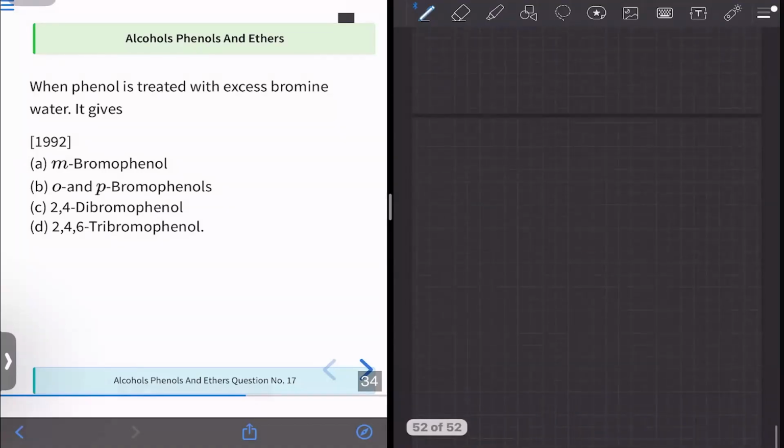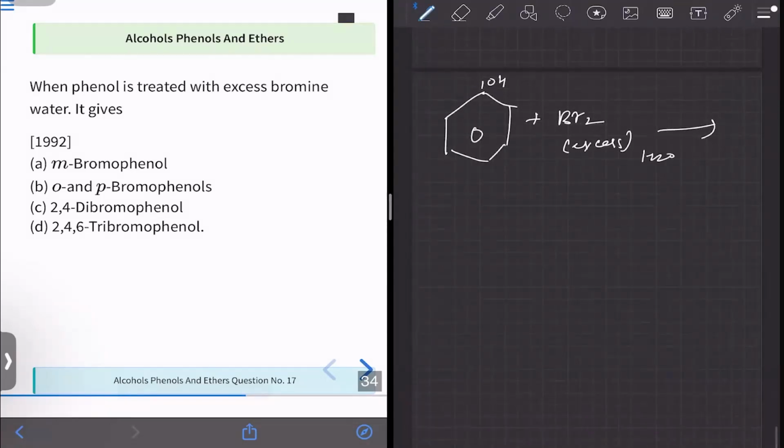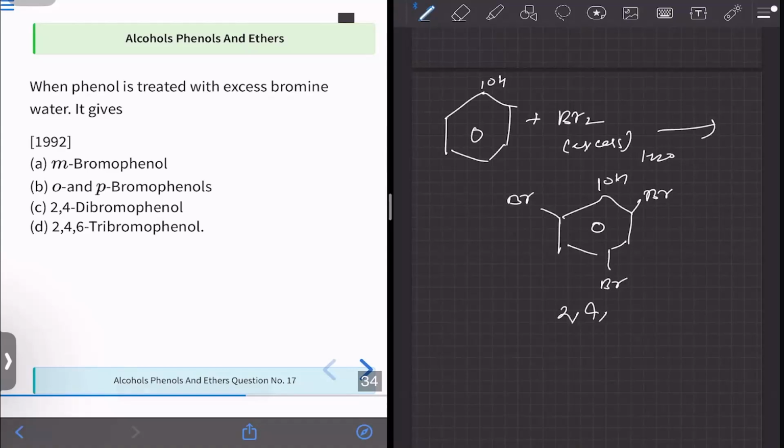What they are asking is, whenever phenol is treated with excess bromine, it produces tribromophenol, that is, OH with bromine at positions 2 and 6, and at the fourth position too, so it is 2,4,6-tribromophenol.